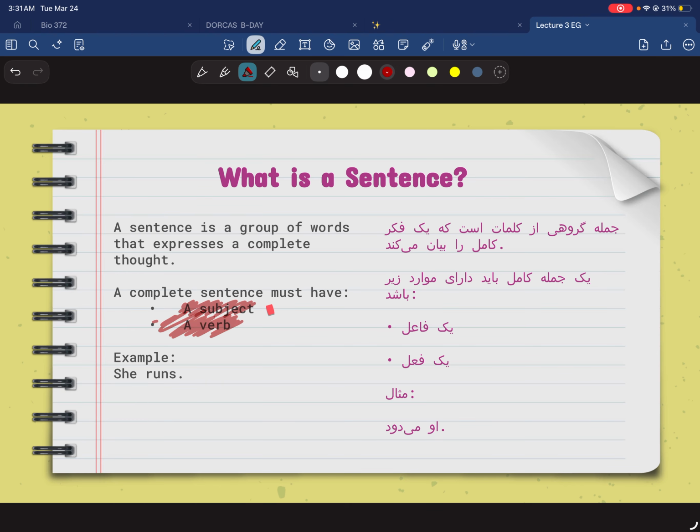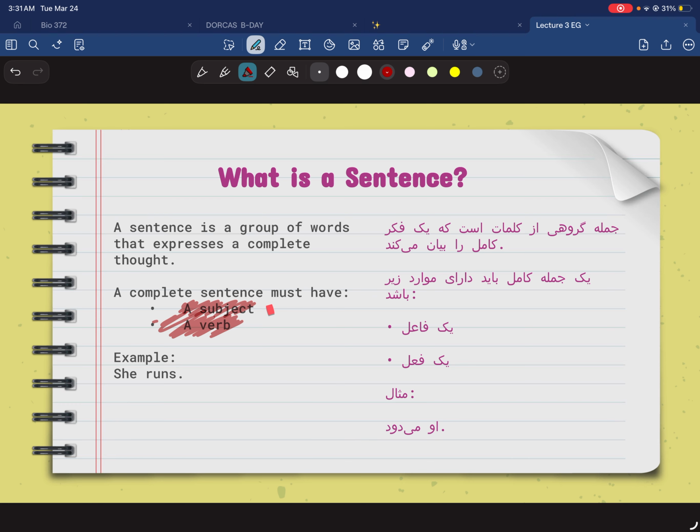And as you remember from lecture 1, you remember what a subject was. Usually it is going to be like a noun. It's going to be a person, a place, etc. And then also a verb is going to be an action.